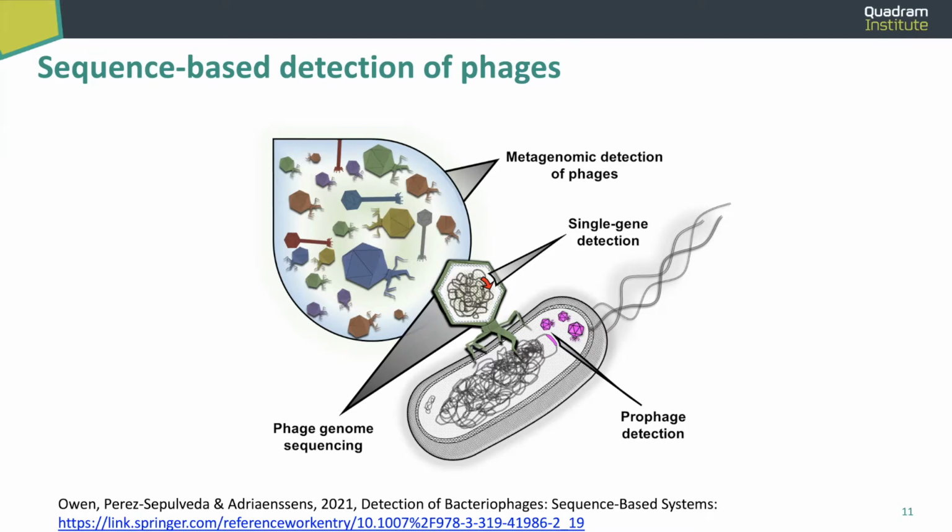But for the sake of the rest of this lecture, let's just assume it's DNA, and then we will sequence that. So metagenome sequencing, prophage sequencing, single gene sequencing, they all share some features, but we will focus on the phage genome sequencing here. But I needed to have a little bit of a slide to plug the book chapter that we wrote a while ago.